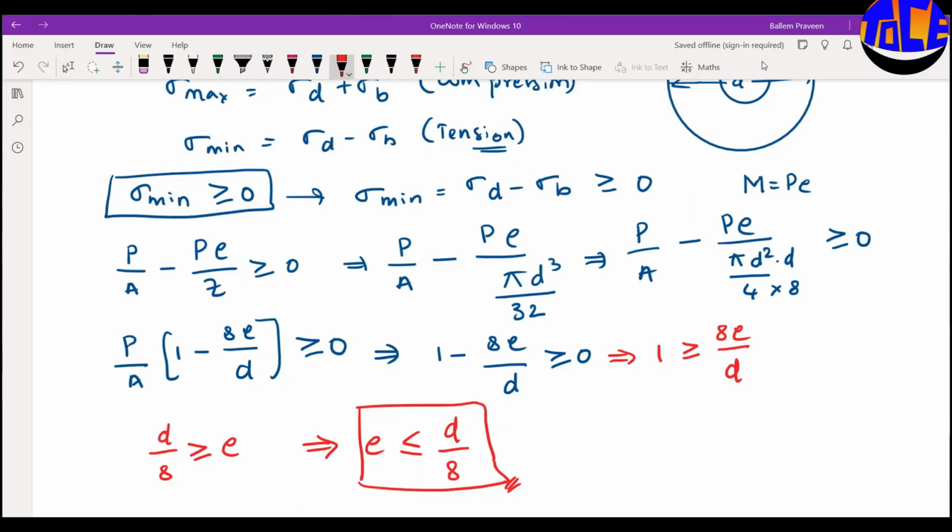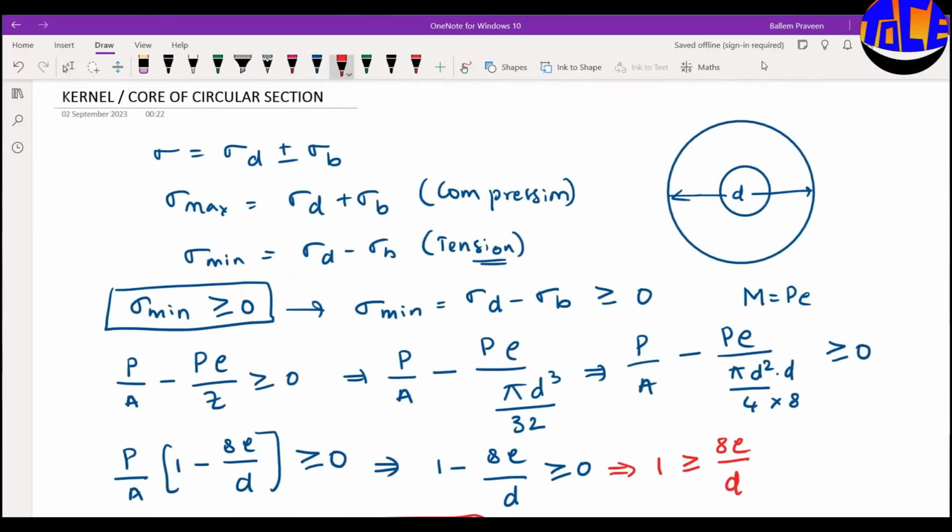Here you can see this is the section where it is d by 8. So if you apply the loading within this region, there will be no tensile stresses. That's what it means.